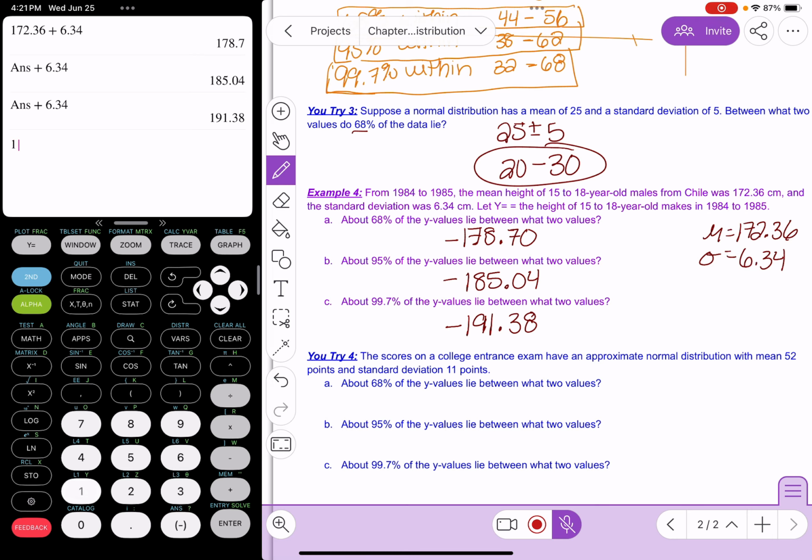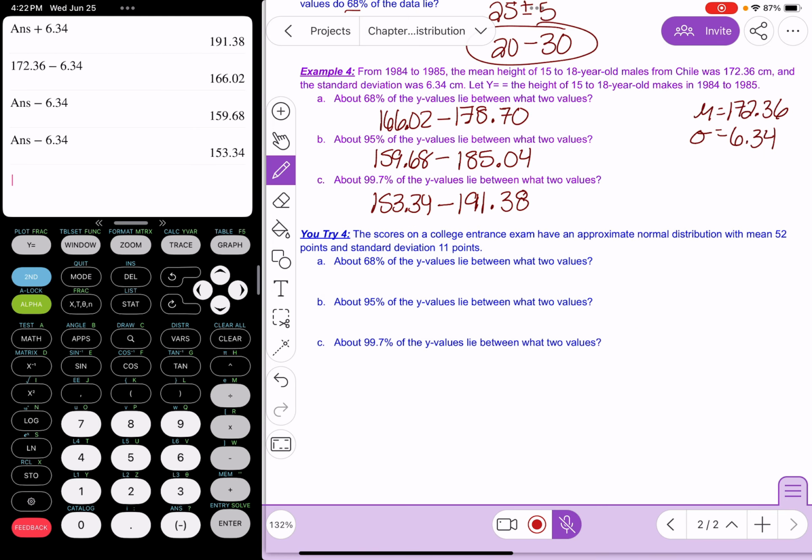I'm going to start with the mean, but this time I'm going to subtract the standard deviation to get my lower limits. So I get 166.02. Subtract it again, I get 159.68. And then subtract it again, and I get 153.34. And now I have the three ranges.